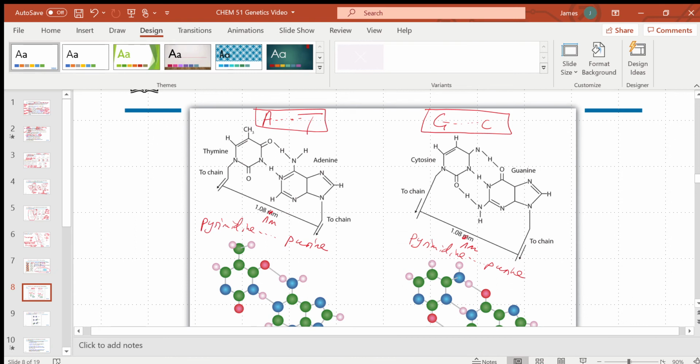So we've got an amine group here, an amine group here, an amine group here, and an amine group here.